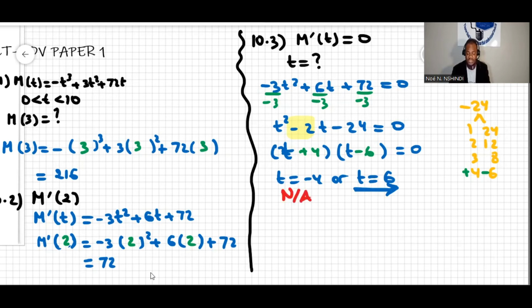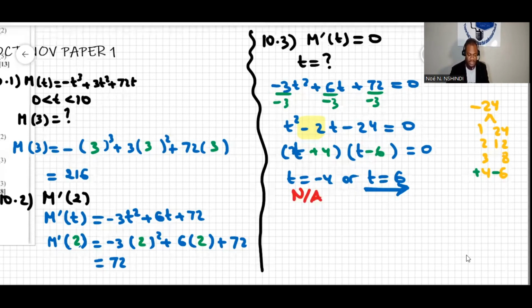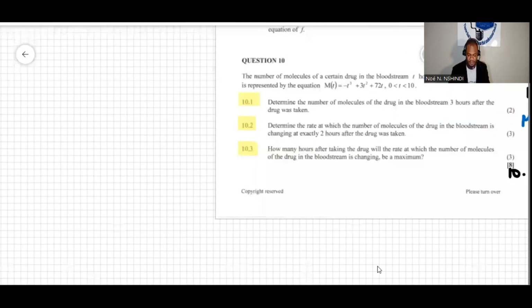But the question, if I look at it here, says, how many hours after taking the drug will the rate at which the number of molecules of the drug in the bloodstream is changing be the maximum? Now we're talking about the rate of change being the maximum. I don't know if you get my point. Not the maximum of this function, but the maximum of the rate of change.